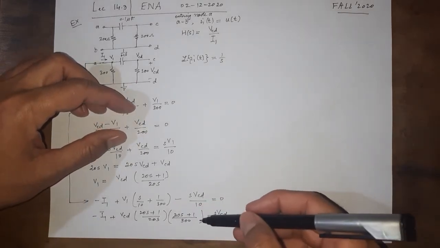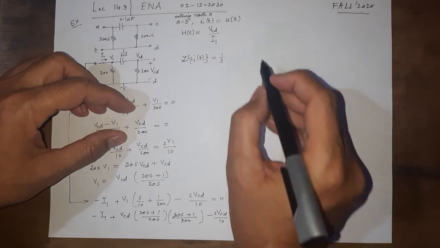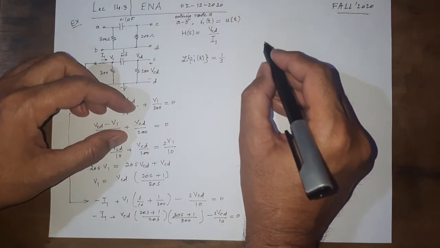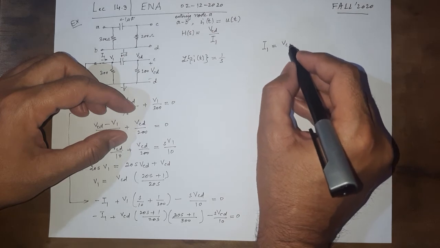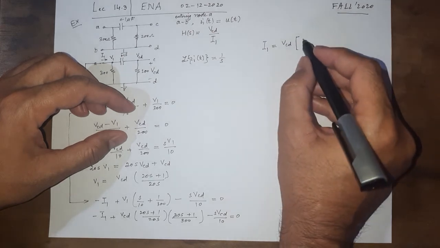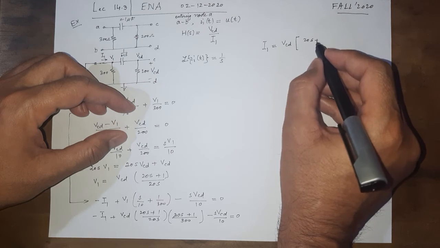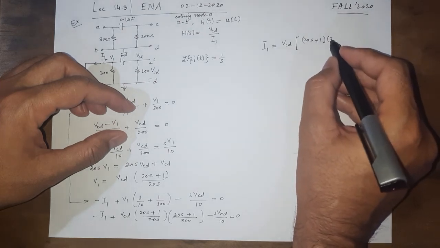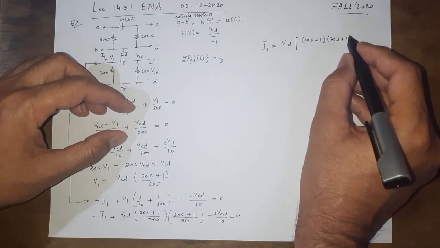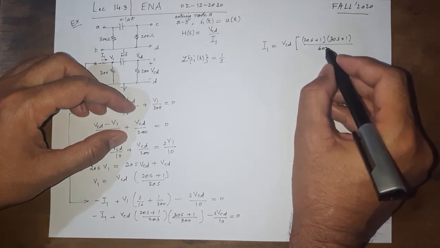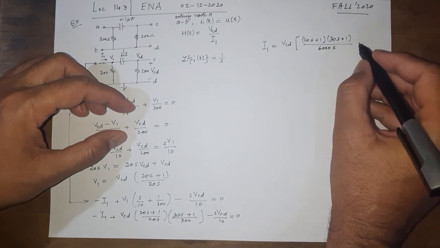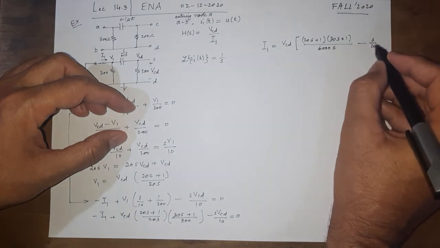So let us simplify this. We are going to get I1 is equal to VCD common, and 20S plus 1, 30S plus 1 divided by 6000 S minus S by 10.